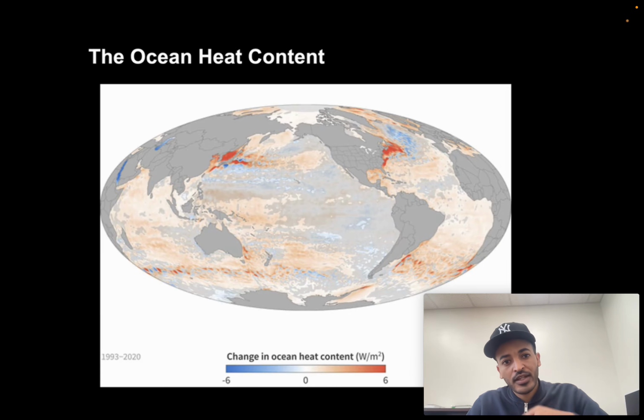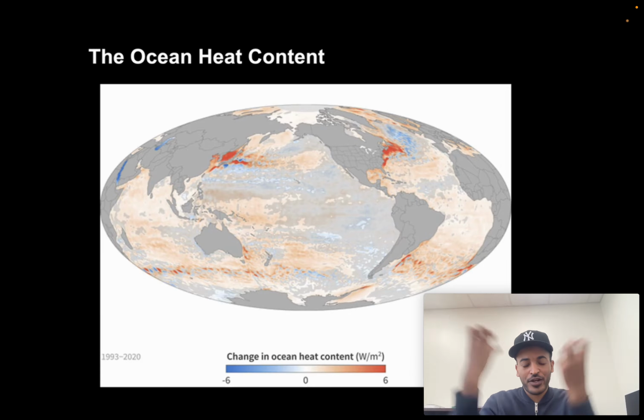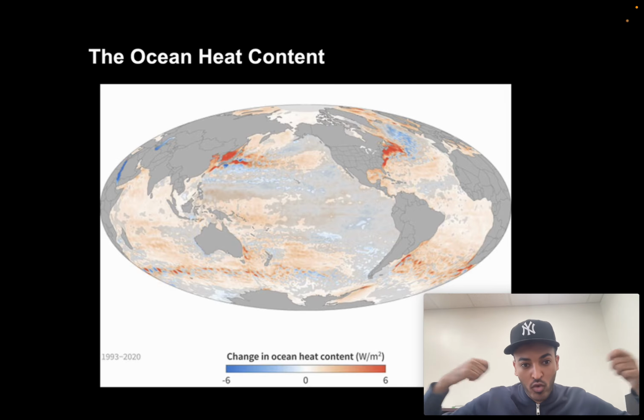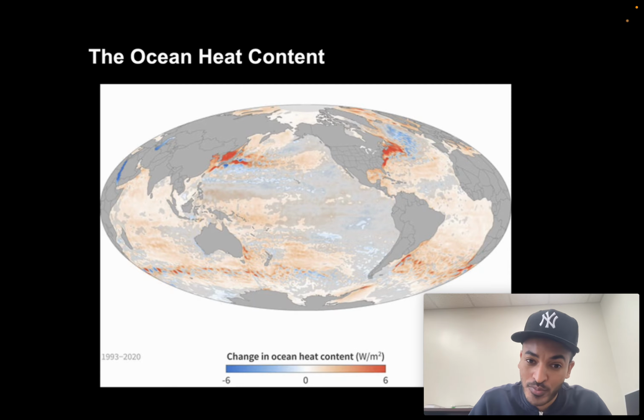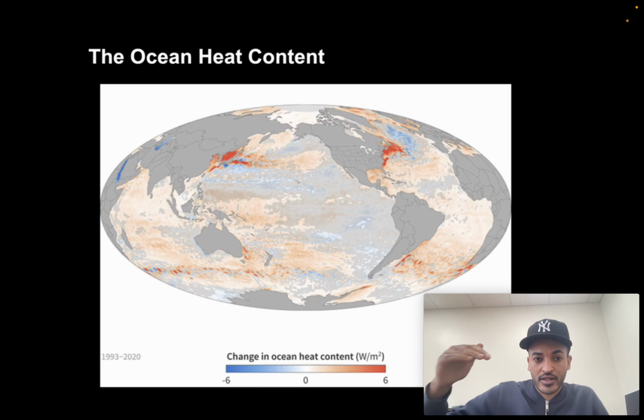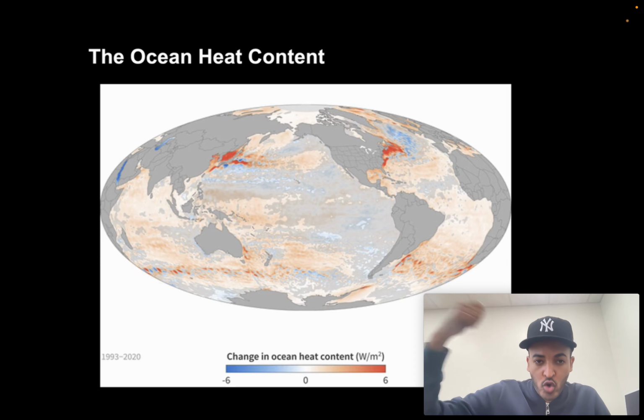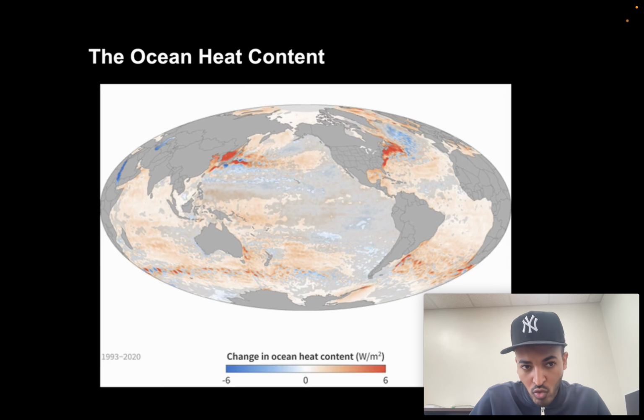So the ocean, while it's a very important regulator, if it keeps warming, it would go from being a sink to being a source for that extra warming, right?